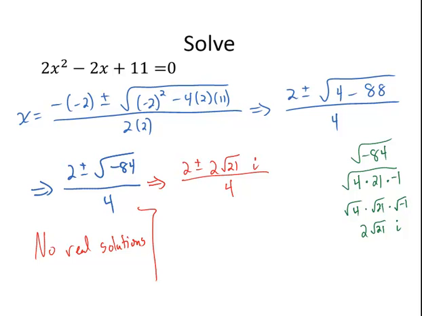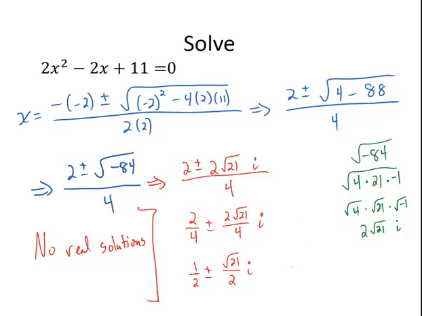But complex numbers are always written in the standard form. The standard form of a complex number is a plus bi. So let's break this up as 2/4 plus or minus 2 square root 21 over 4 i, and then we should notice, well, wait a second, I can reduce those fractions. 2 over 4 is 1/2 plus or minus, and 2 root 21 over 4, I can reduce between the 2 and the 4, leaving a root 21 over 2 i.